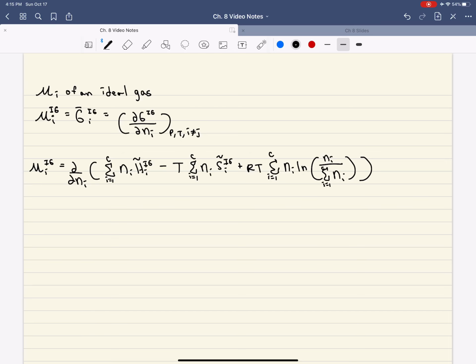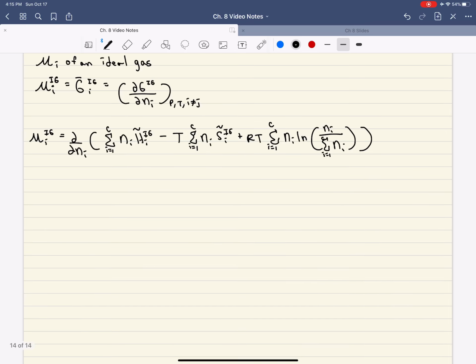Okay, so now we're going to take the partial derivative of it. For the enthalpy and the entropy terms, remember, this goes from i equals 1 to C. So the only non-zero derivative is the case where your i, or maybe it's better if I call these j's. In any case, the only non-zero derivative is the case where j is equal to i.